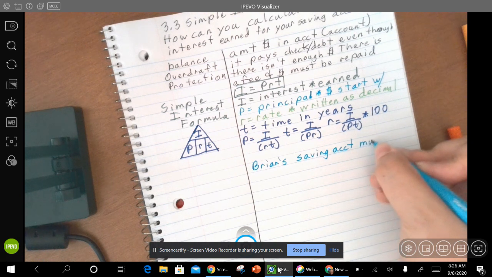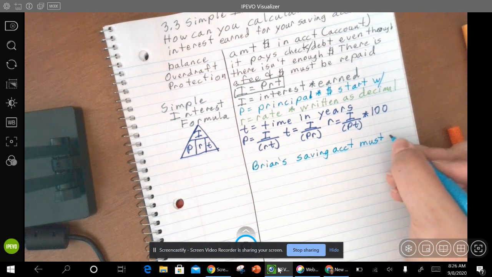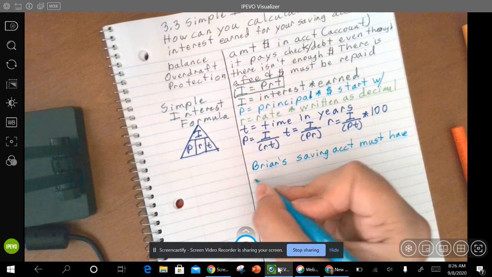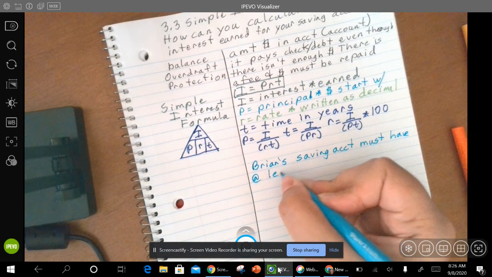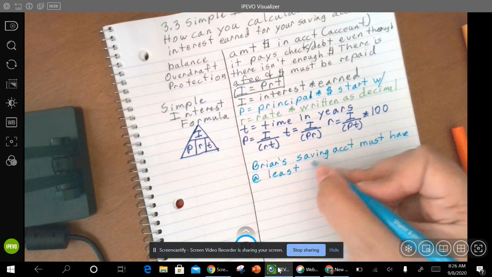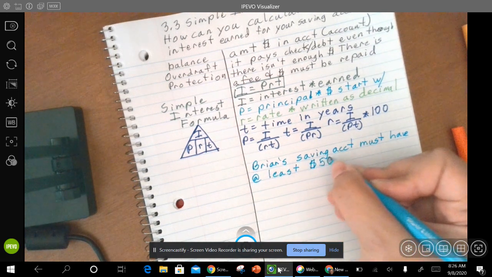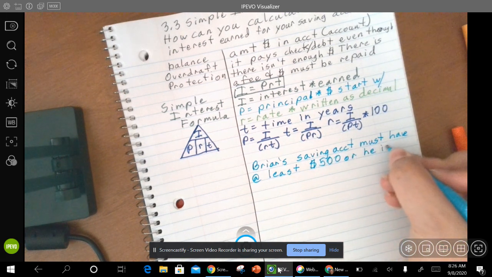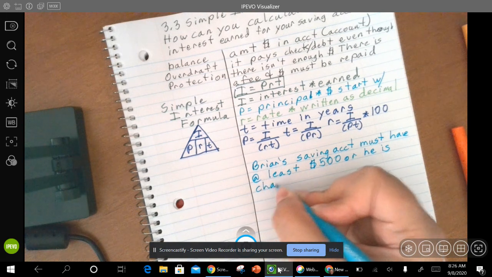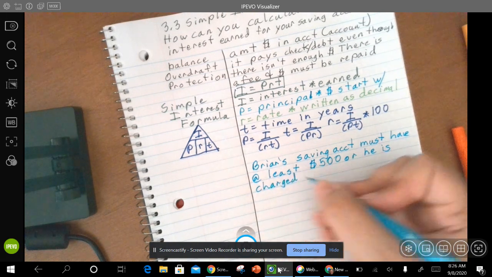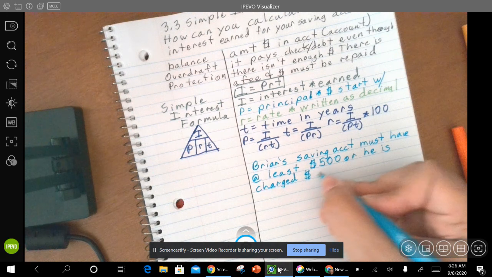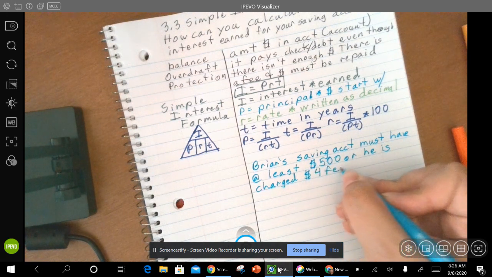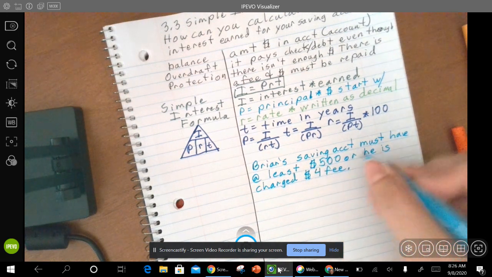For Brian's savings account, he must have at least $500, or he is charged a $4 fee, which is quite common, especially for savings accounts.